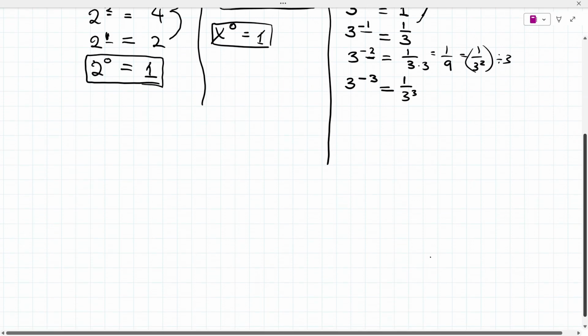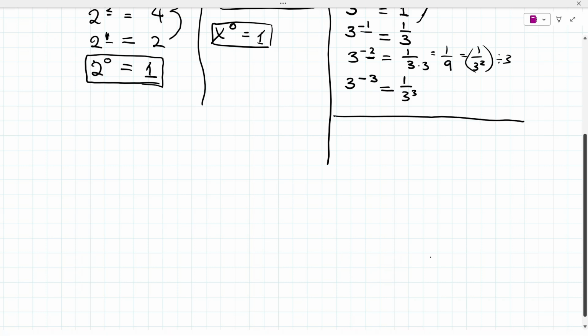Okay, so let's look at another example to explain this theory. Say we had 2 to the power 4. This would be 2 times 2 times 2 times 2, which would be 16. Let's reduce the power by 1.